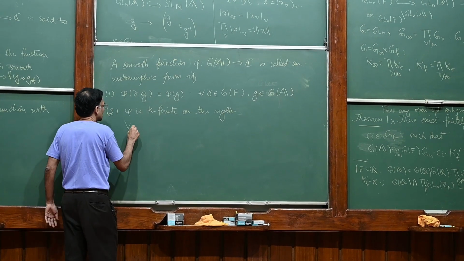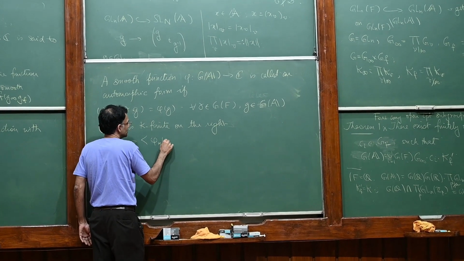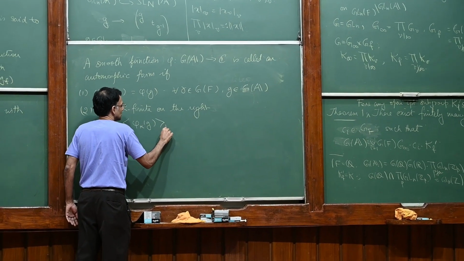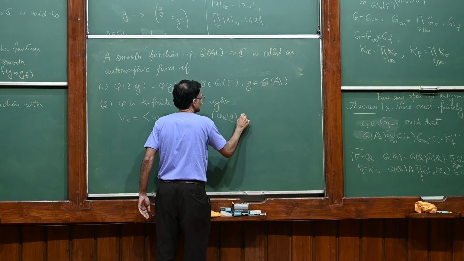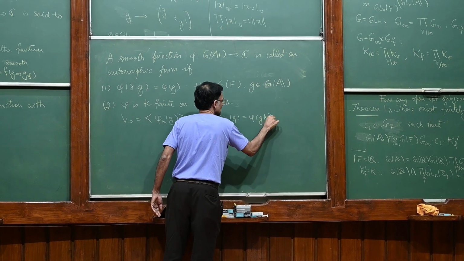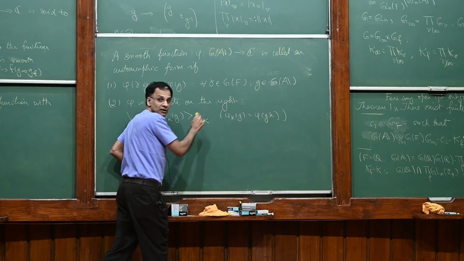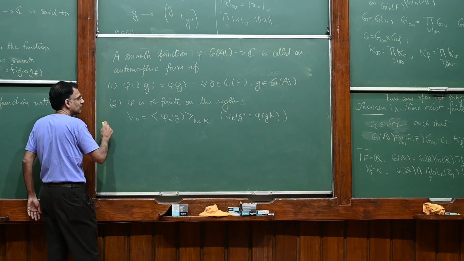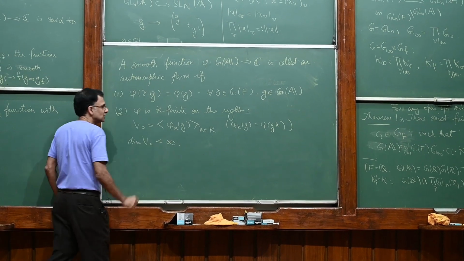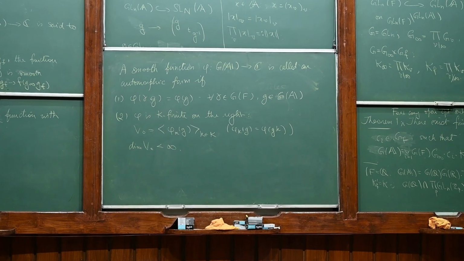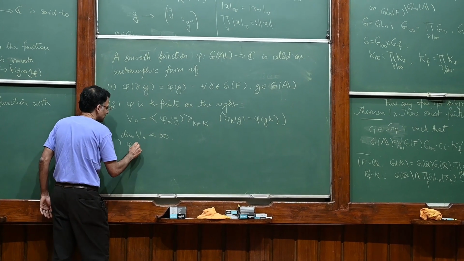If I let B naught be the span of phi of gk, then I demand that the dimension of B naught be less than infinity. So that's one condition. Another condition is that phi is ZG finite.